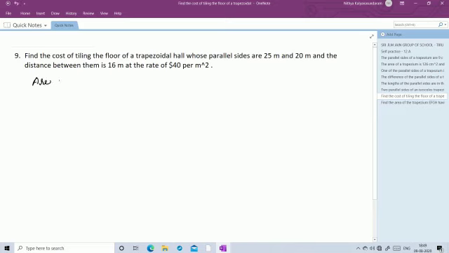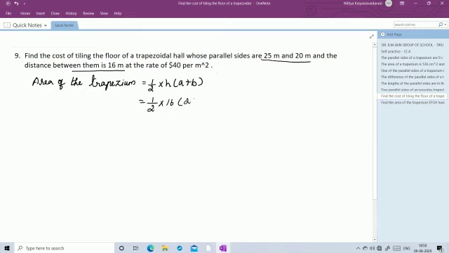So area of trapezium is equal to half into h into a plus b. So area is 1 by 2 into height, the distance between them, is 16 meter, into the parallel sides 25 meter and 20 meter.